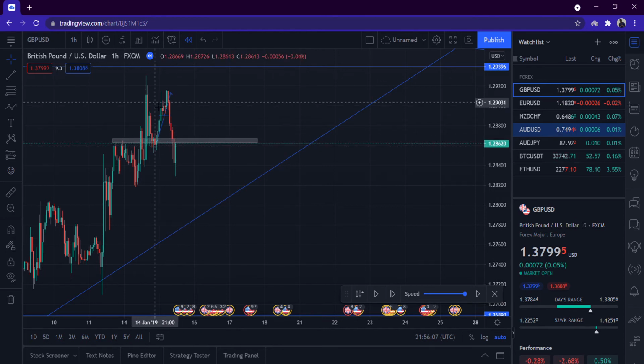So I'm having two visible confluences right now. Number one, this is a lower high, now a lower low. Now it's coming back to its resistance, to this psychological level.